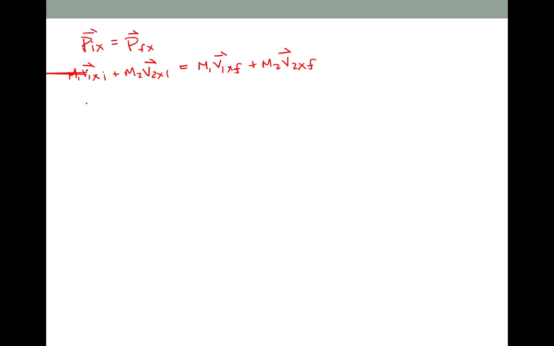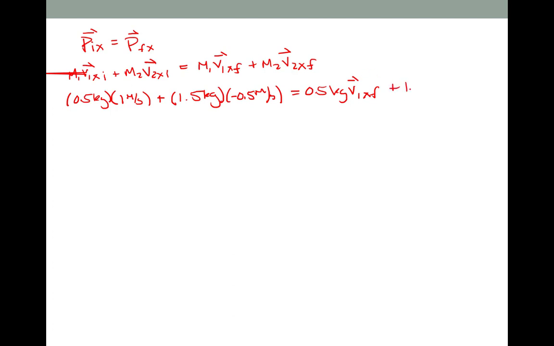Plugging in numbers, this is 0.5 kilograms times 1 meter per second plus 1.5 kilograms times negative 0.5 meters per second equals 0.5 kilograms V1x final plus 1.5 kilograms V2x final.